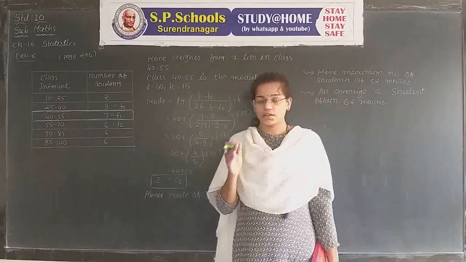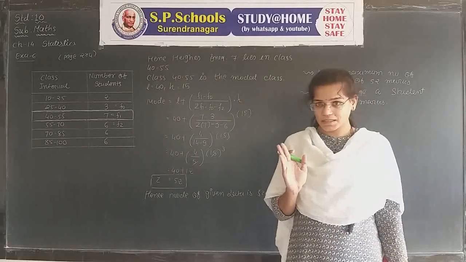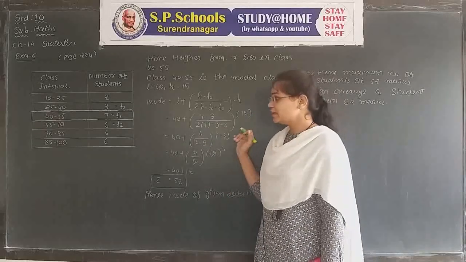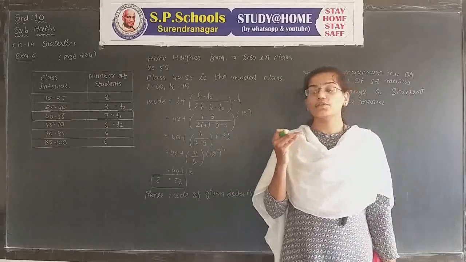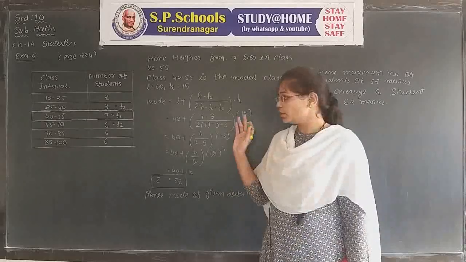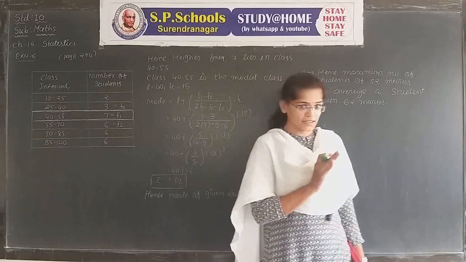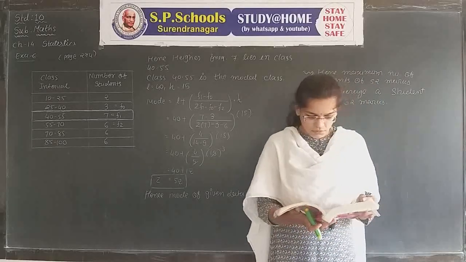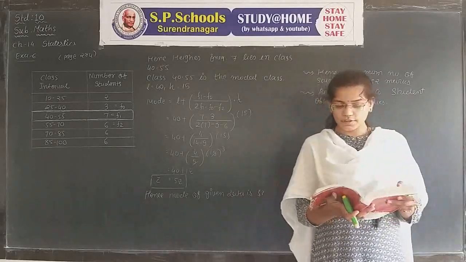In this session we completed our exercise 14.1 mean of grouped data, as well as started a new topic, mode of grouped data. Two examples of mode of grouped data are completed. Whenever we meet in the new session, we start exercise 14.2.